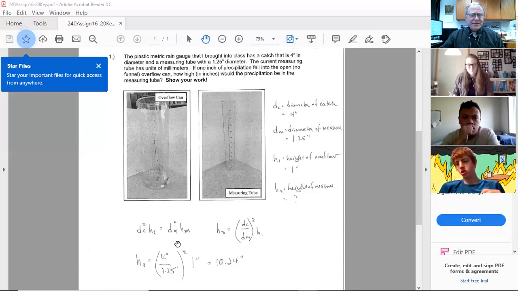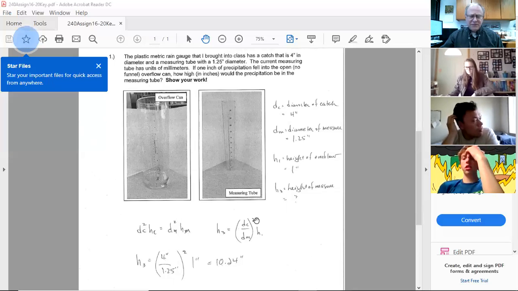Doing that, dividing by dm squared and bringing h over, we have the diameter of the catch divided by the diameter of the measuring tube, raised to the second power, times the height of the amount of water in the overflow can, is equal to how high it will be in the measuring tube.